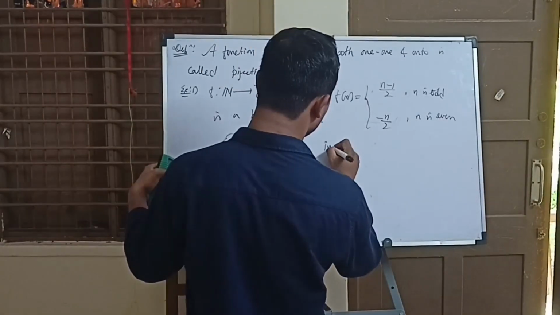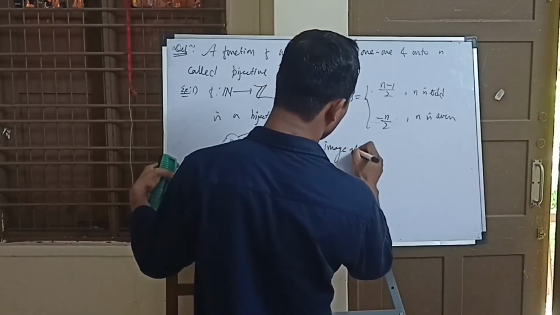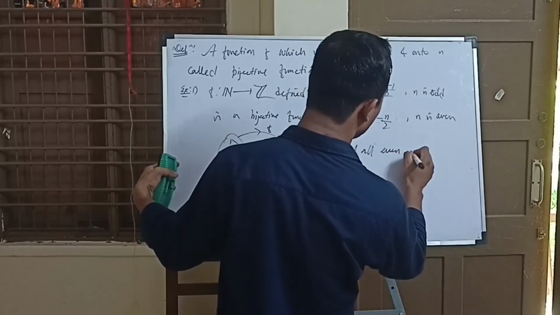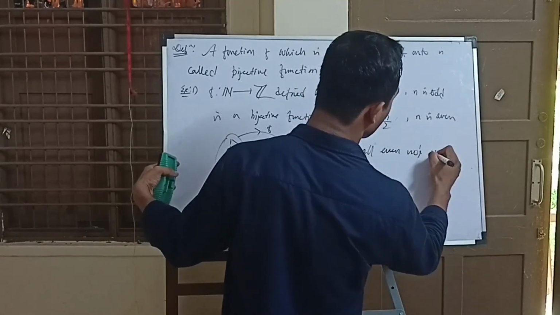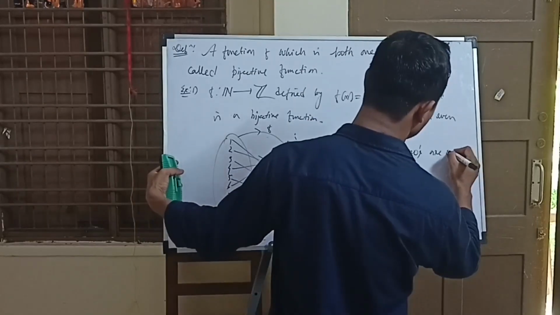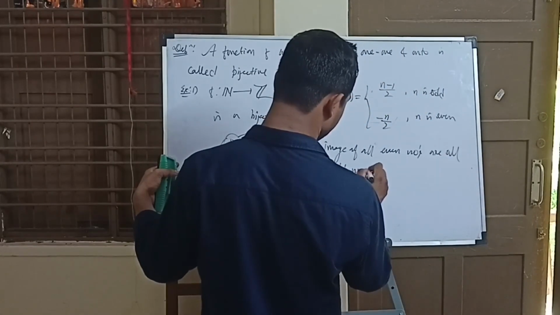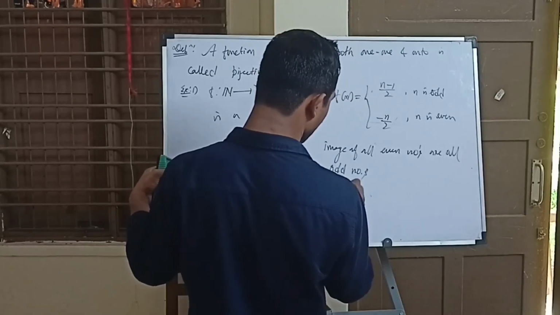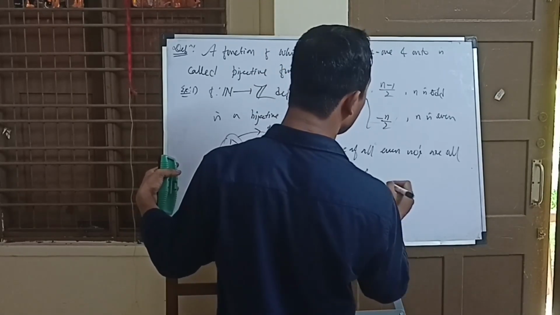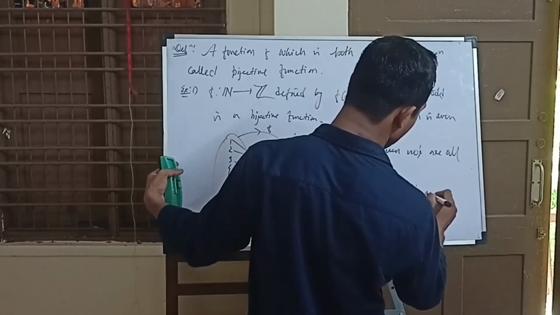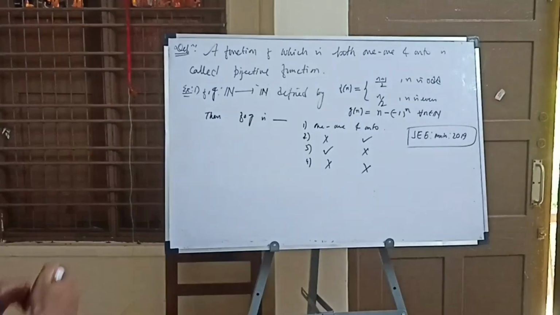The image of all odd numbers are non-negative integers, and the image of all even numbers are negative integers.